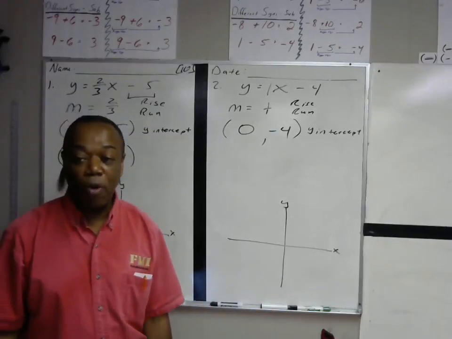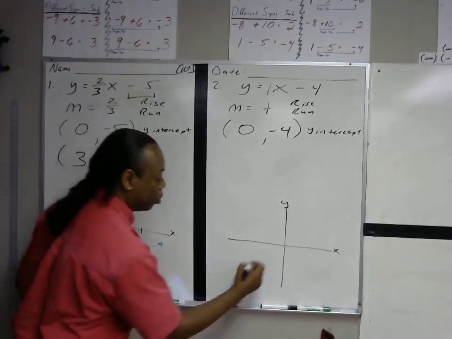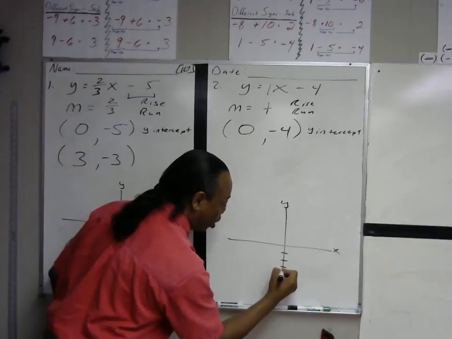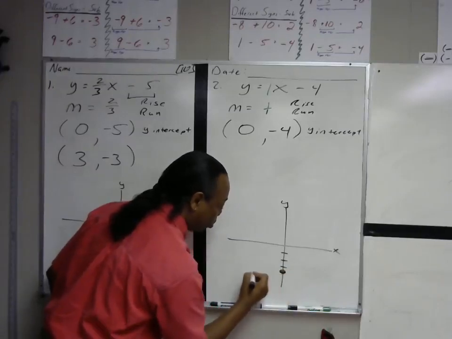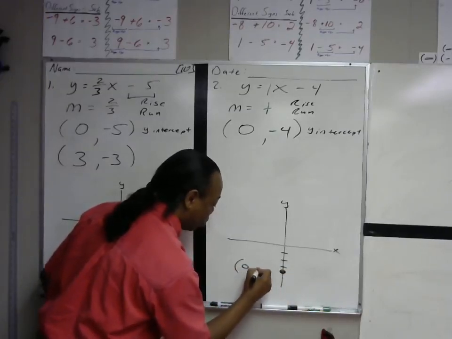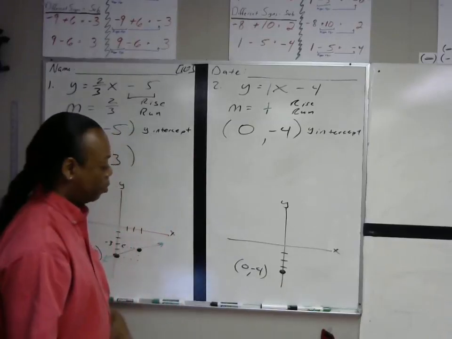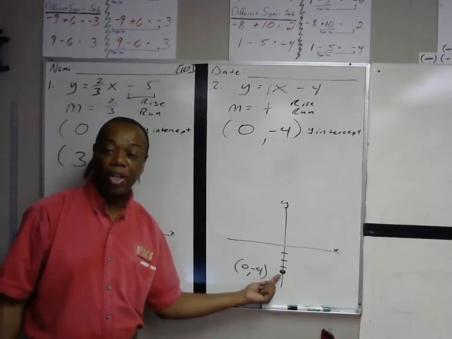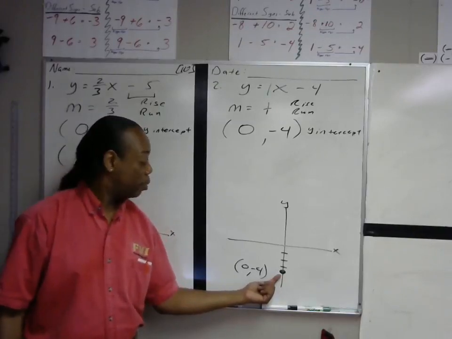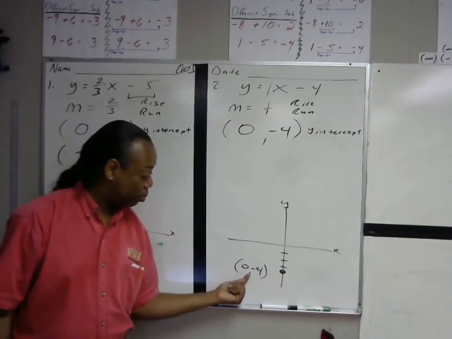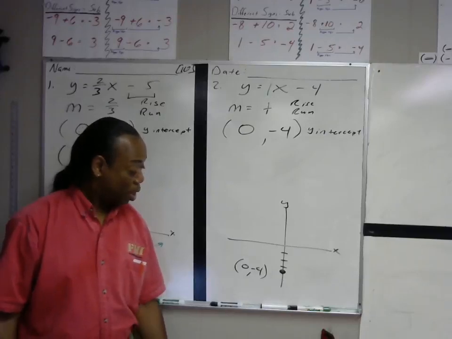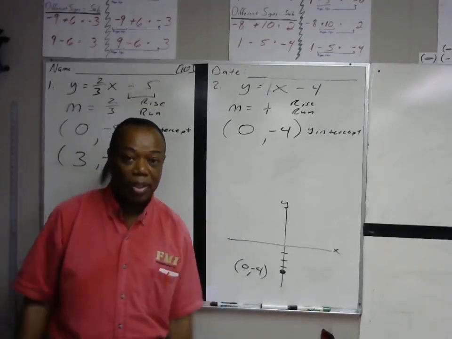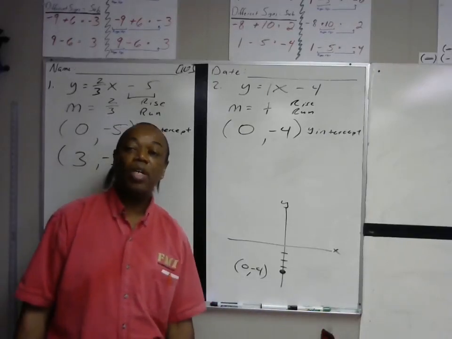So 0, -4 is your Y-intercept. 1, 2, 3, 4. So put a point right here at 0, -4, and then label it. And that's basically your Y-intercept, guys. It's about as tough as it gets.